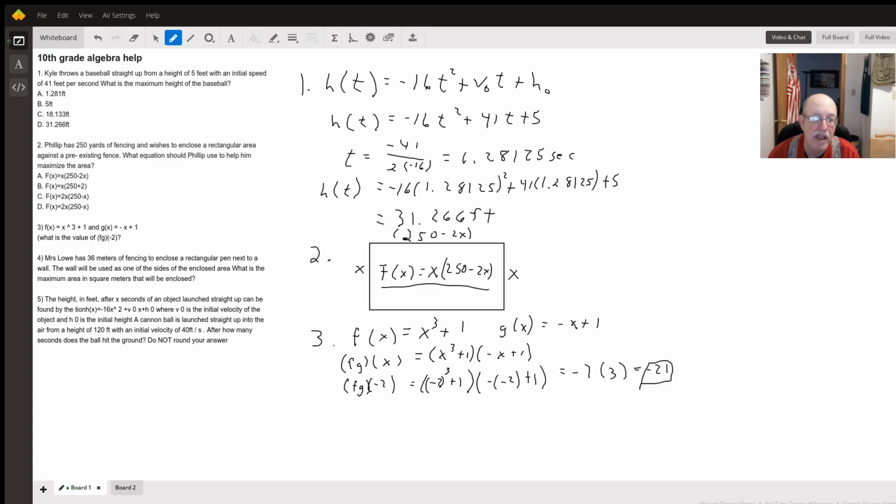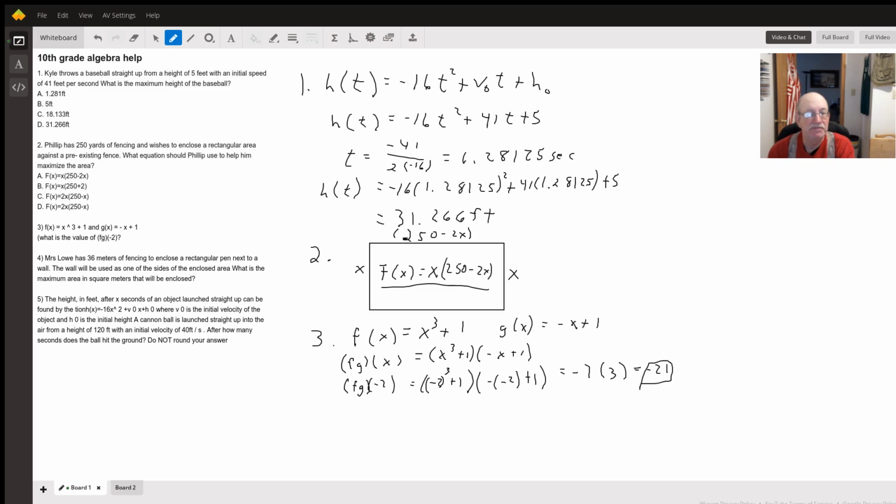feet squared. For number two, we got a rectangle, and we're only using 3 sides of this because we're up against a pre-existing fence. So if we let x equal the width, then the long side of the fence has to be 250 minus 2x.